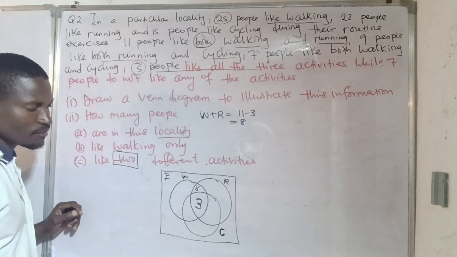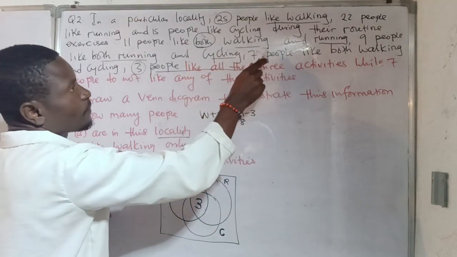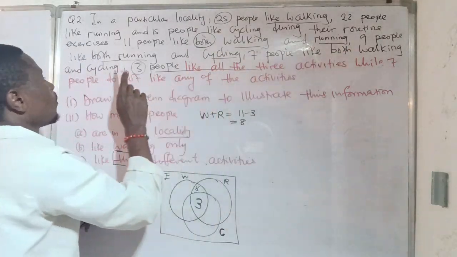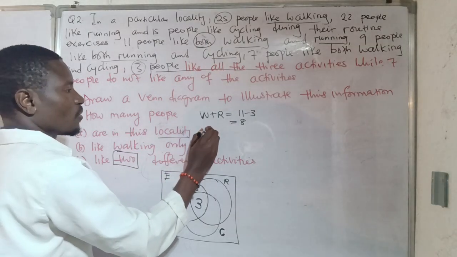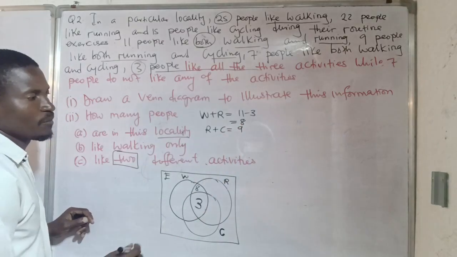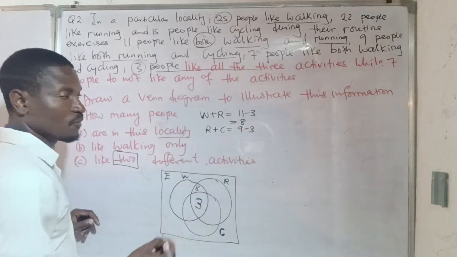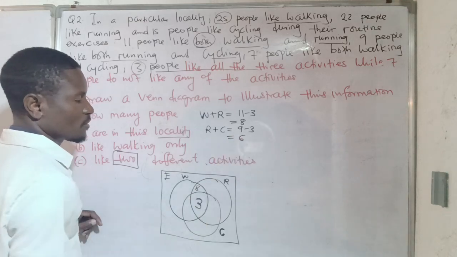Then we move on, and 9 people like both running and cycling. So running plus cycling is 9. You always subtract the 3, and this gives us 6.